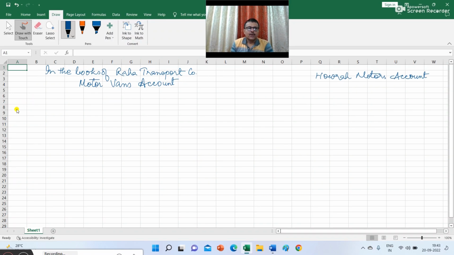So, on 1st January 2013, Raha Transport Company purchased on hire purchase 3 motor vans costing 50,000 each. So, motor vans account debit to hire vendor account, that is Howrah Motors account.